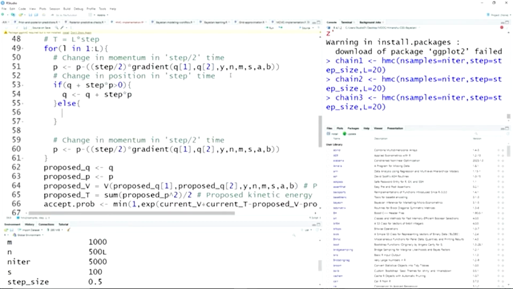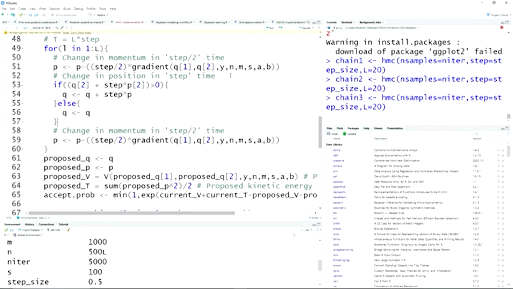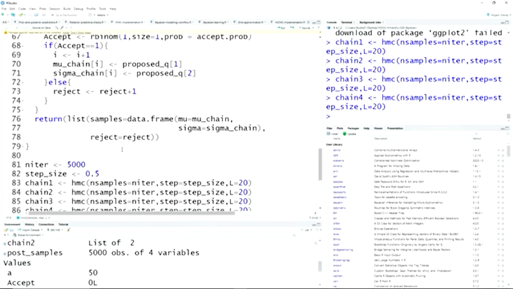Else keep Q as Q. So basically this is about Q2 and P2. If Q2 plus step times P2 is greater than 0, only then you make this update. Now it should work.